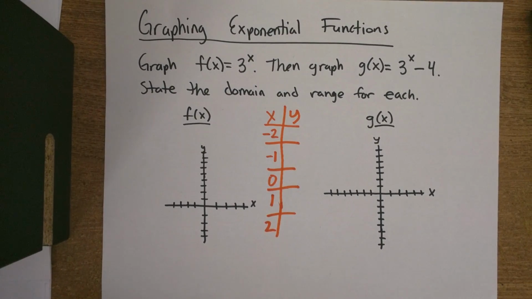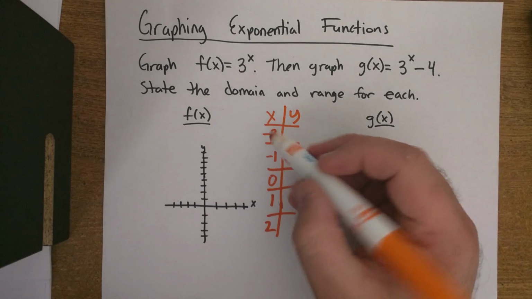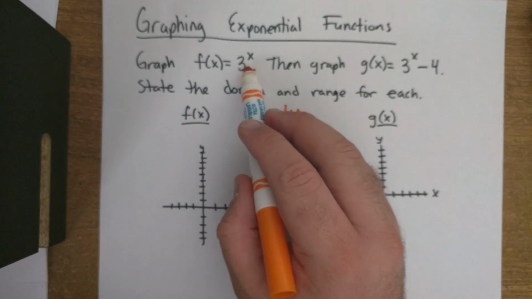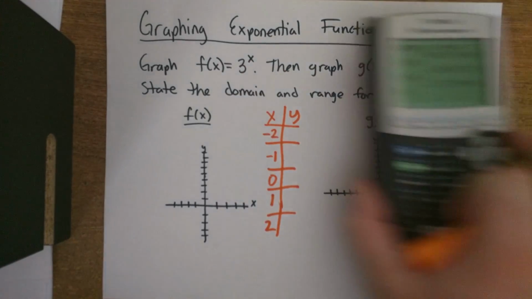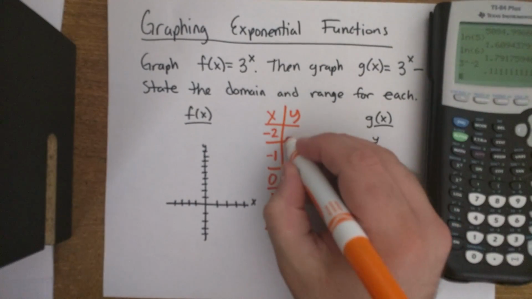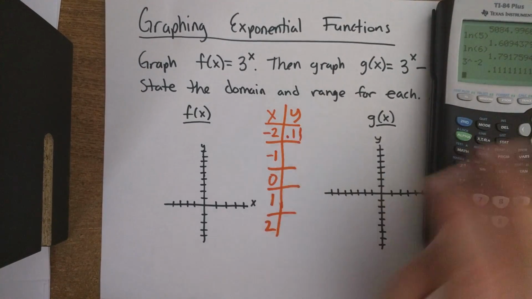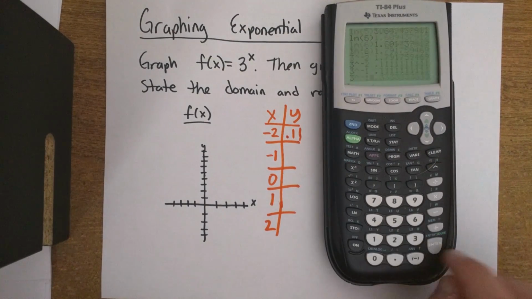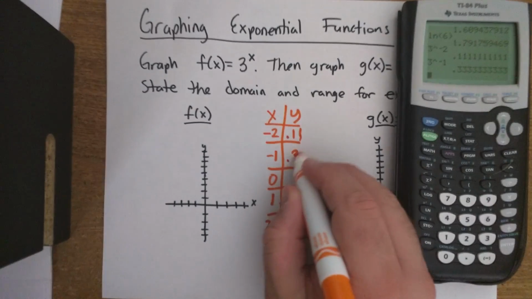We're going to go ahead and plug all this stuff in. So we're doing this for f of x. So if I plug -2 in right here, I have 3 to the -2, which is 0.11. If I plug -1 in, 3 to the -1, it's 0.33.